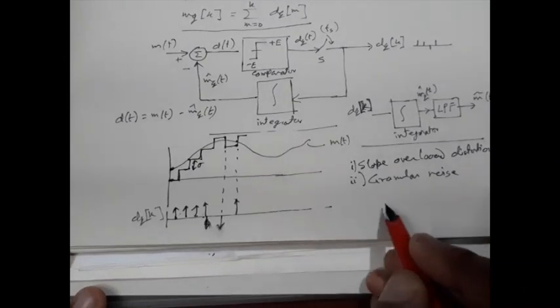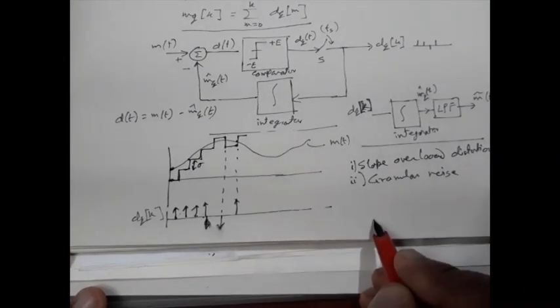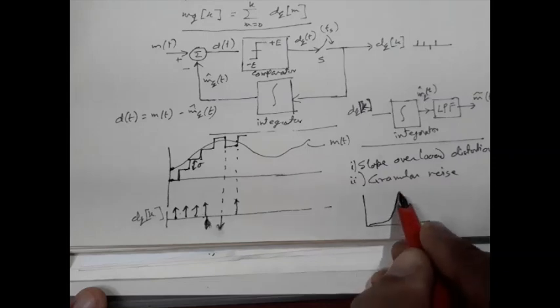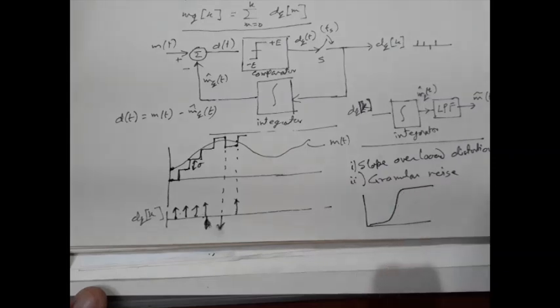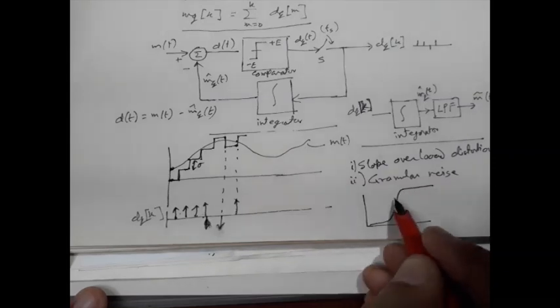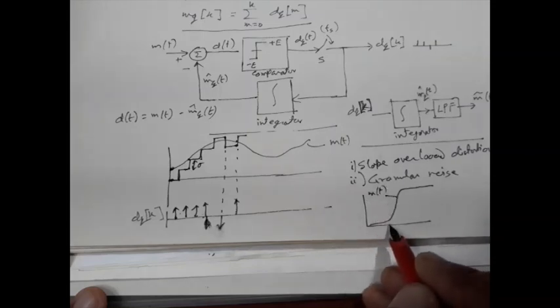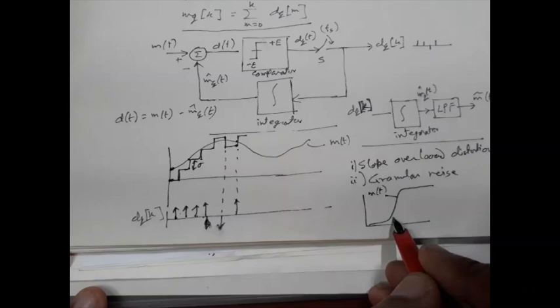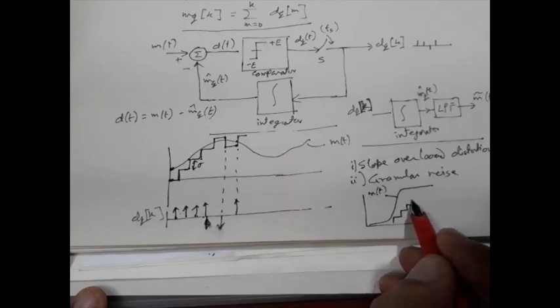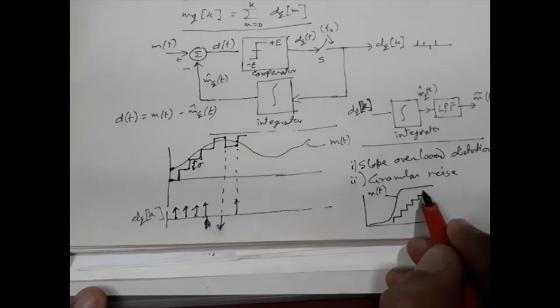Now if we have a signal that varies at a very fast rate like this, this is M. So what happens? The integrator output will try to follow this signal in a staircase fashion like this, because the integrator cannot move.